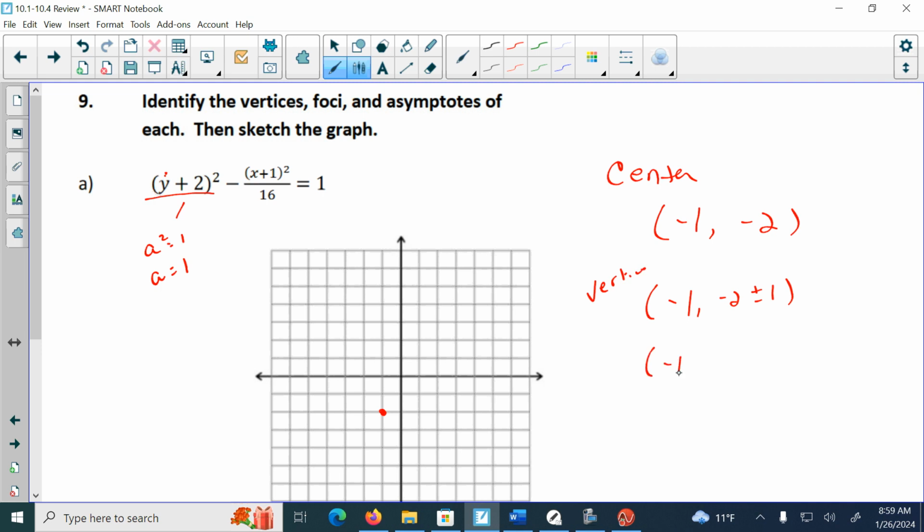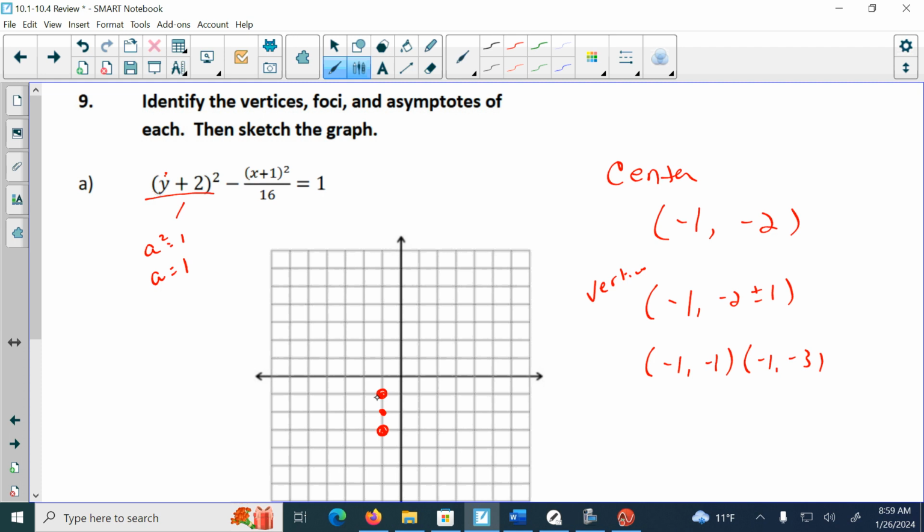So I'm going to have -1, -1, and -1, -3. So here I'm going to go up on these, and I'm going to make these dots big because those are my vertices.